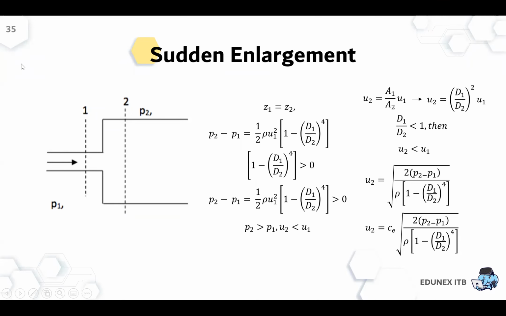Using flow meters, sir? Using flow meters, and then you flow the water through the sudden enlargement. Okay, you have the data of the ratio of the diameter, d1 over d2.